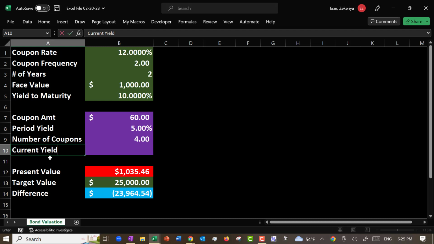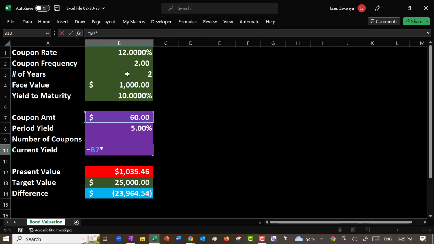That's the annual coupon amount divided by the bond value.